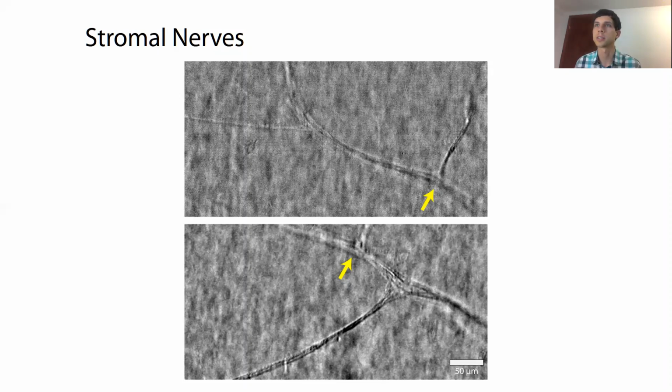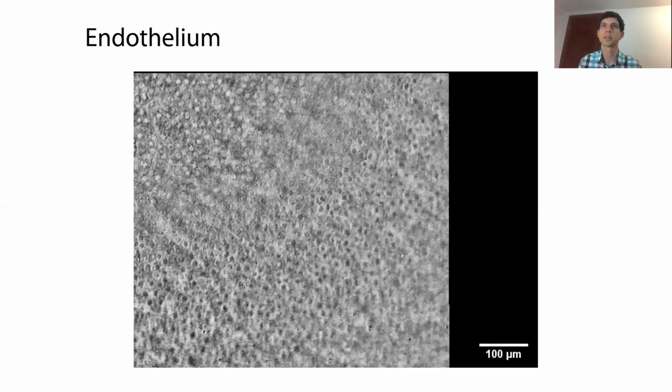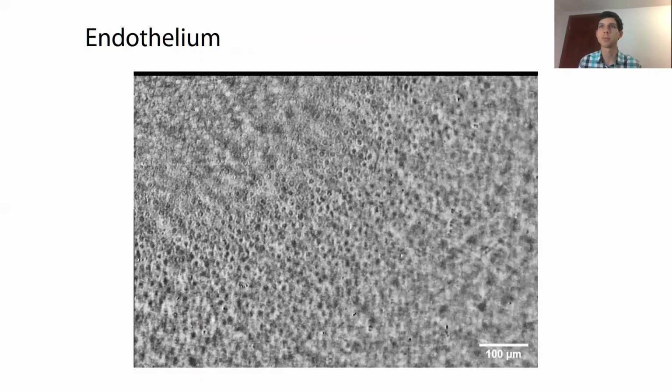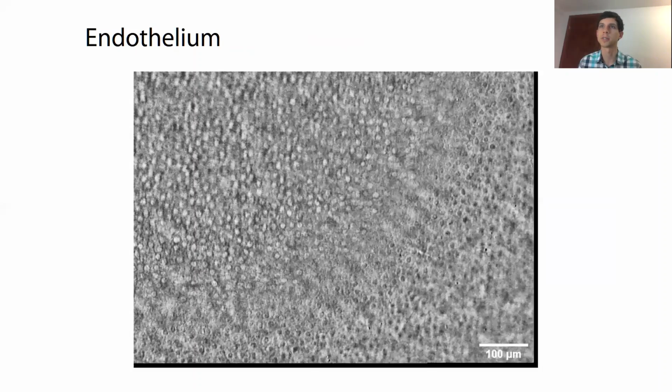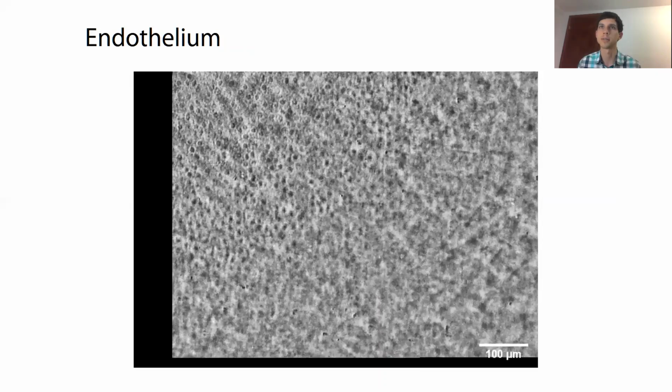Here actually is the same nerve, but a constant node, or a constant branching point, occurring for focal depths that are slightly above and below each other at different points during a video sequence. And here is a sort of stabilized image stack going slightly through Z of the endothelium.